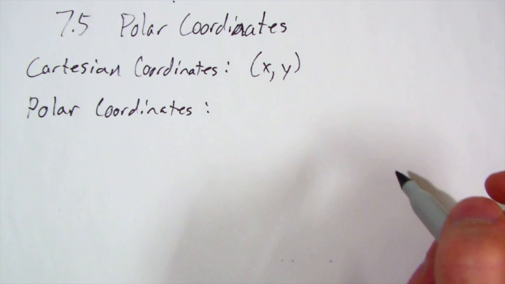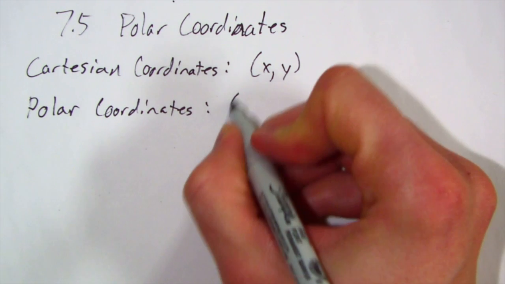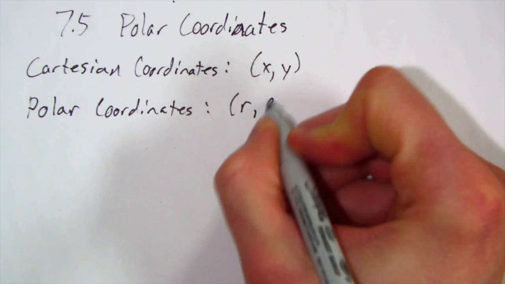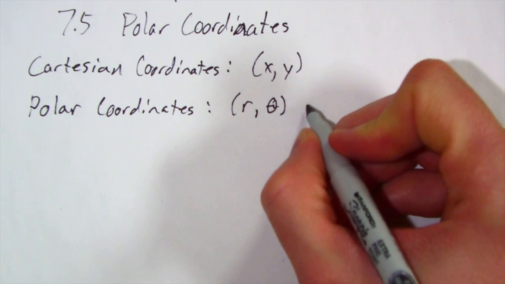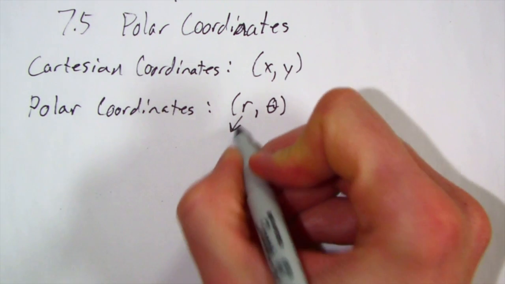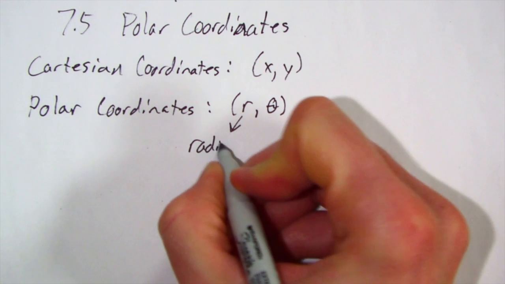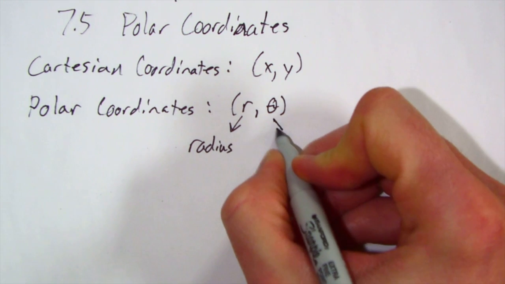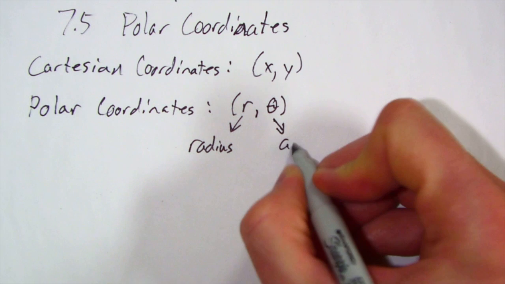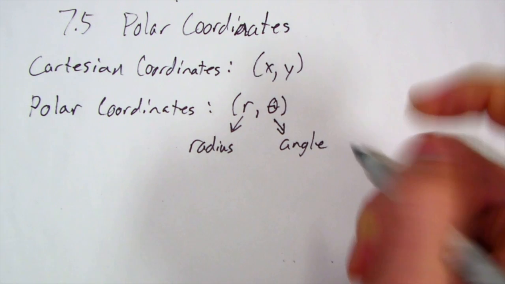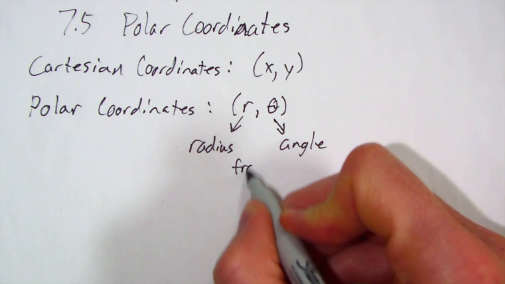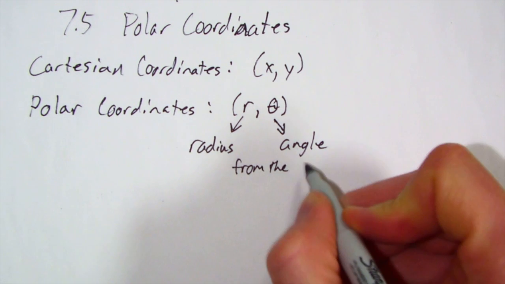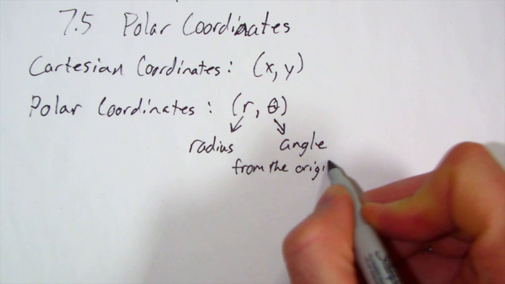And polar coordinates are listed as r comma theta, right, where r is the radius and theta is the angle. Both of those based from the origin.